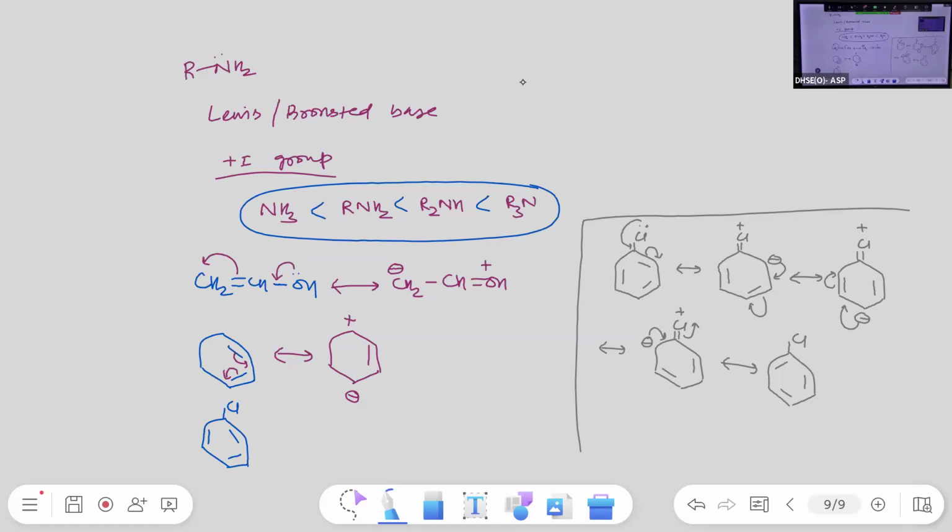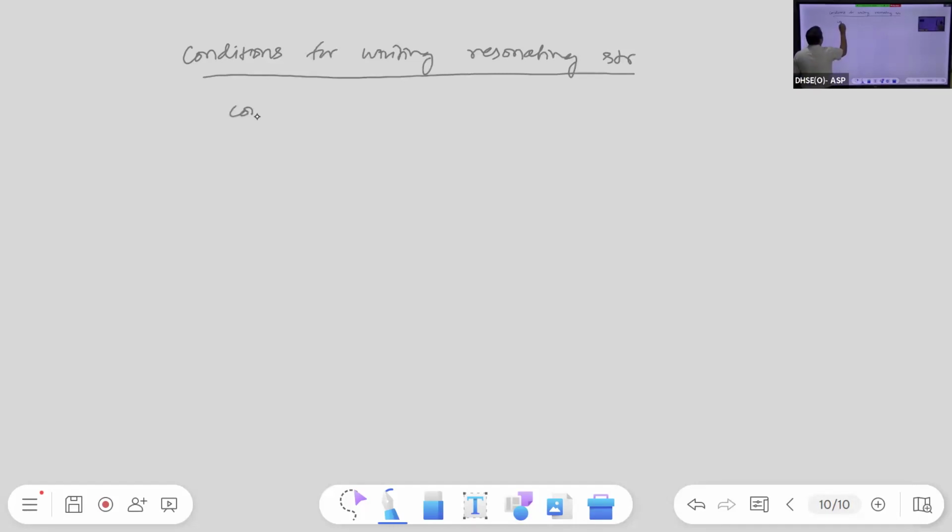Now we are going to discuss the conditions for writing the resonating structure. So the condition is conjugation.